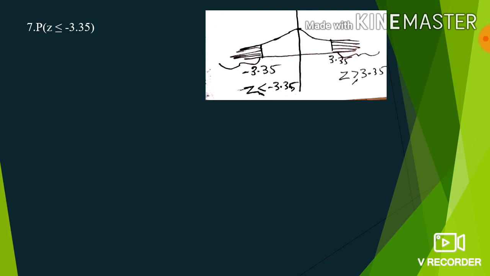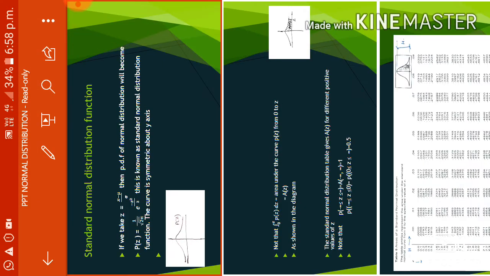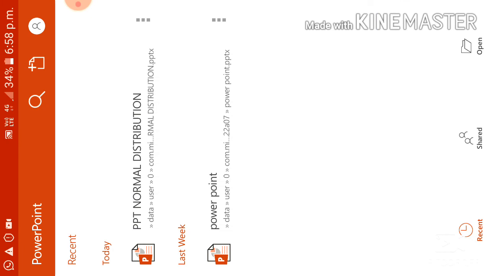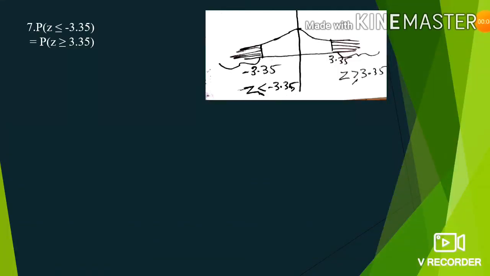So we can write P of Z greater than or equal to 3.35. P of Z greater than or equal to 3.35 is 0.5 minus P of 0 to 3.35, which is 0.0004.